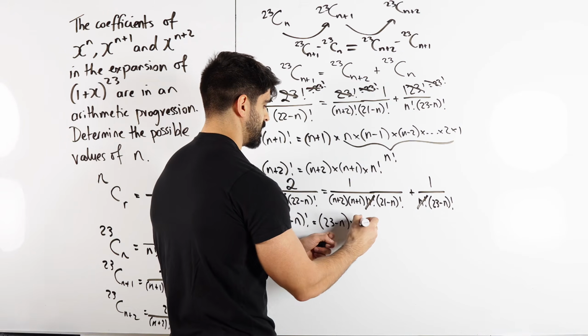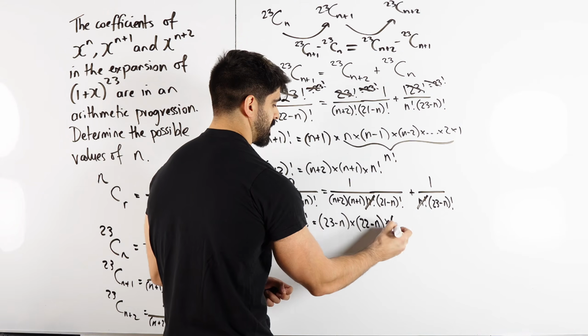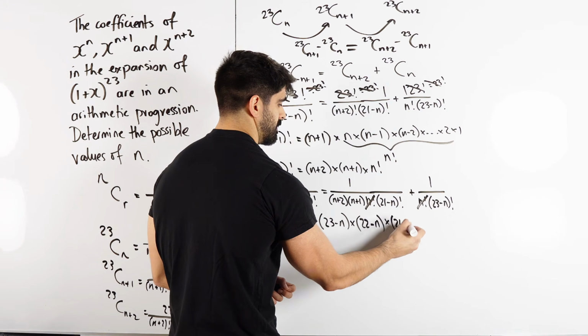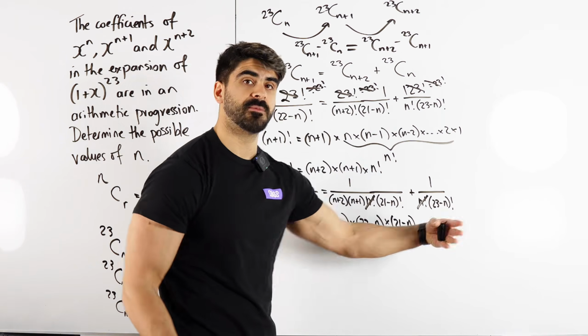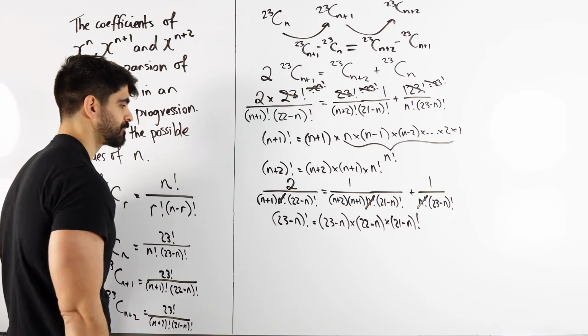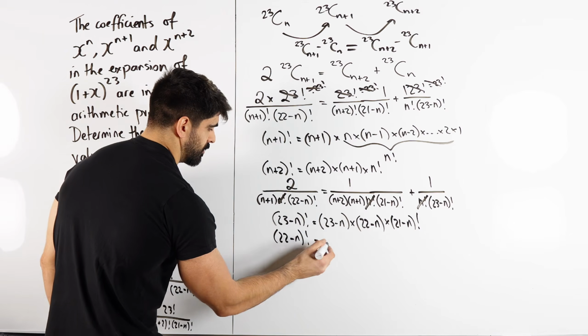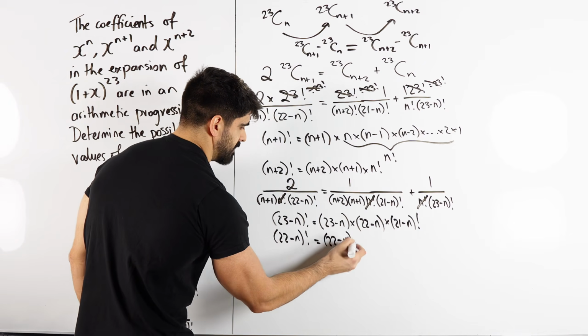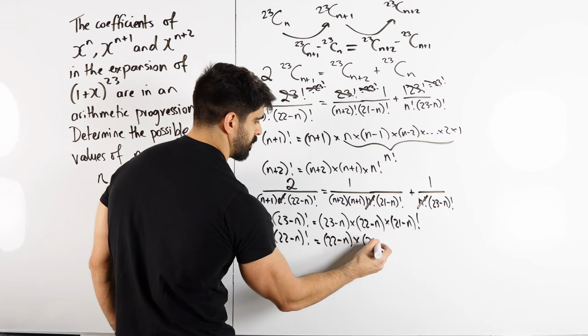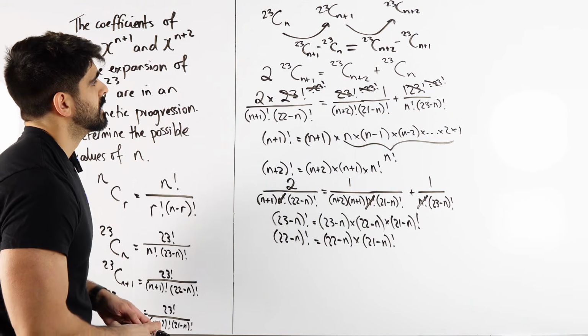That minus 1 is 22 minus n. Then you're going to multiply by the term before that, which is 21 minus n. But then remember, you're going to keep going down, down, down, all the way down to 1, so you get that factorial. With the 22 minus n factorial, that's going to be 22 minus n times the term before it, which is 21 minus n. Then you have factorial. Nice.